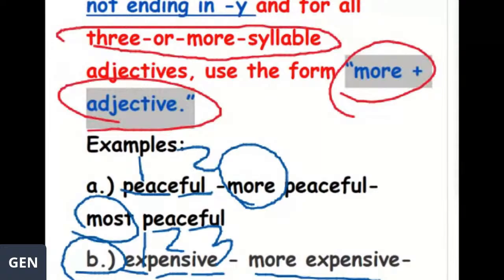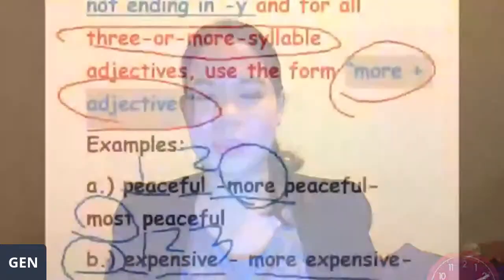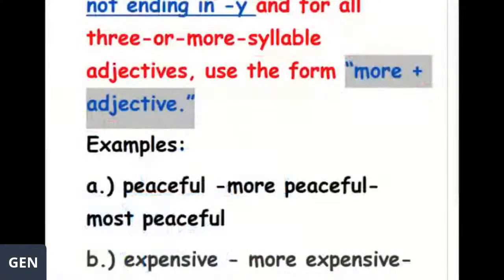You cannot say expensiver. You cannot say peacefuler. No, you can't say that. So that's why there is a rule. Two syllables, you have to add more or most. Three syllables, you have to add more and most as well. And that's easy.